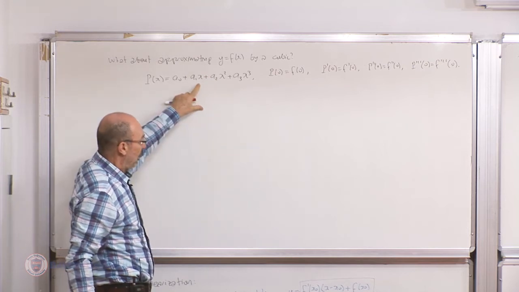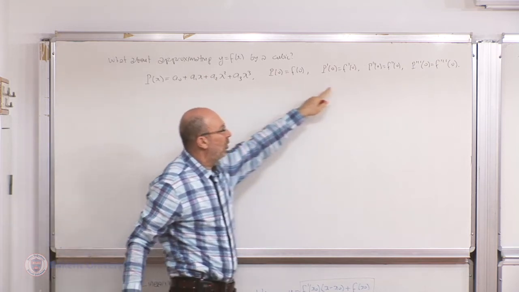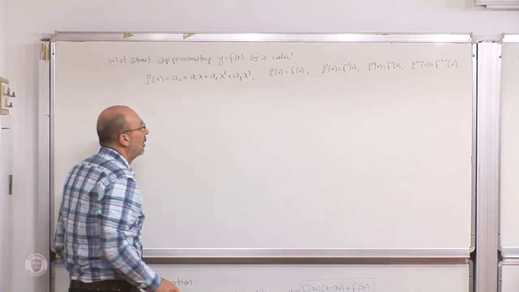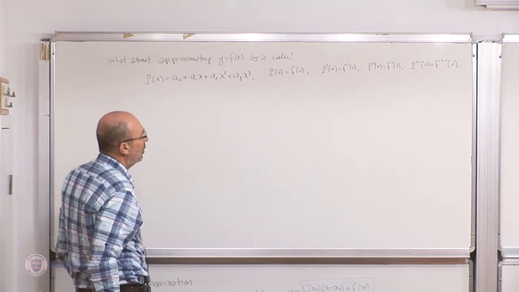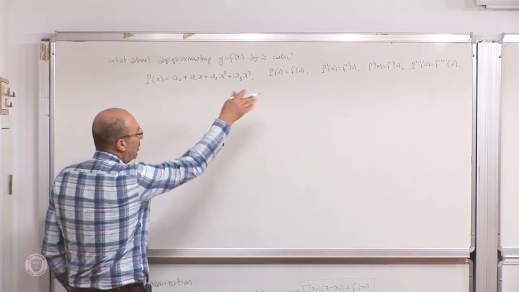So a cubic polynomial can give you only this much information, and we are forcing that information to fit with our function in this manner.